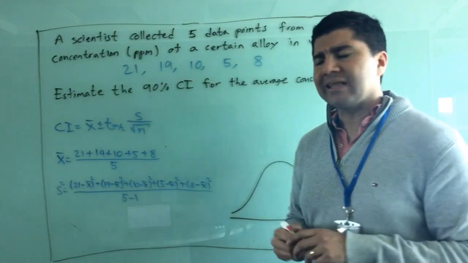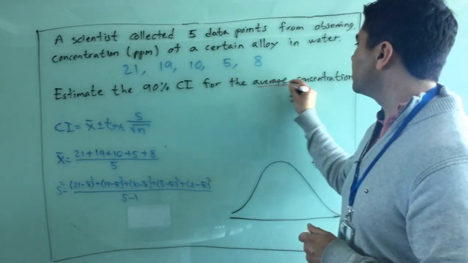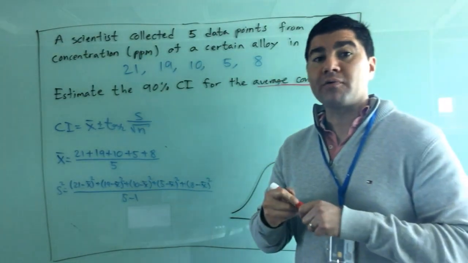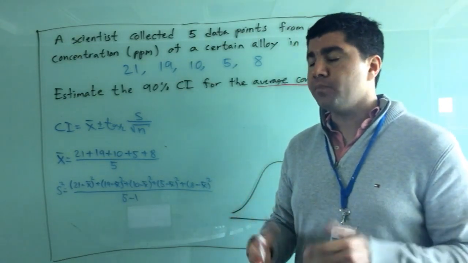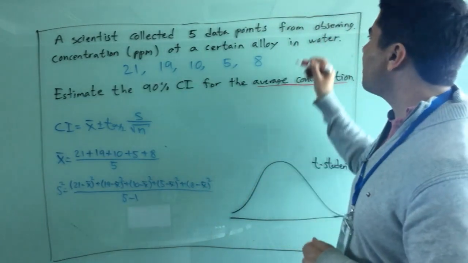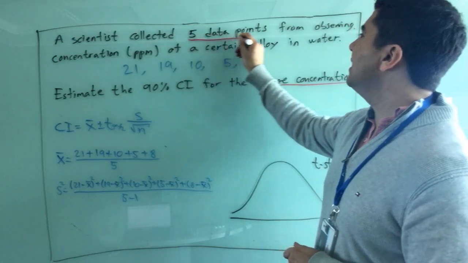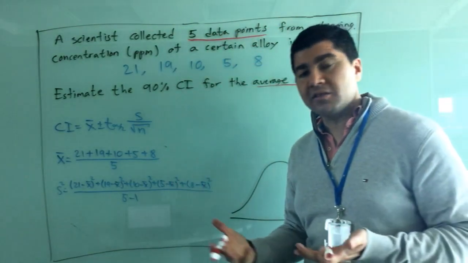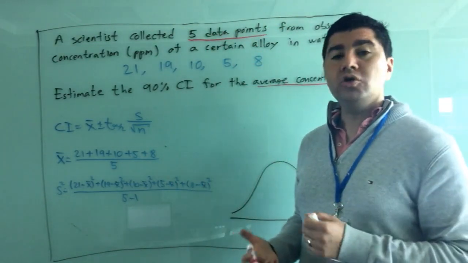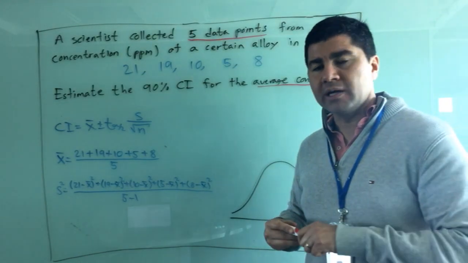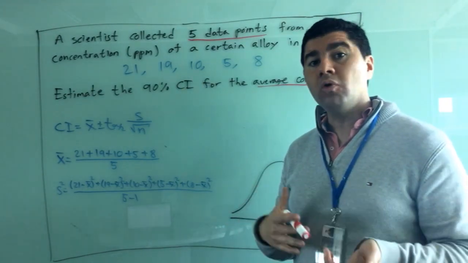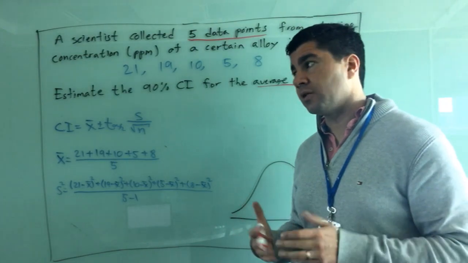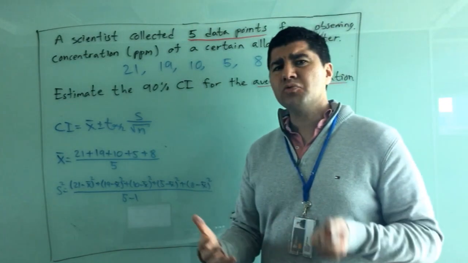Here we can see that they're asking us for the average concentration, which means that we're referring to the mean, to mu. But there is an issue because we just have 5 data points. This is certainly less than 30, and then we cannot use a large sample formula. We need to use the small sample confidence interval. The formula is really similar.